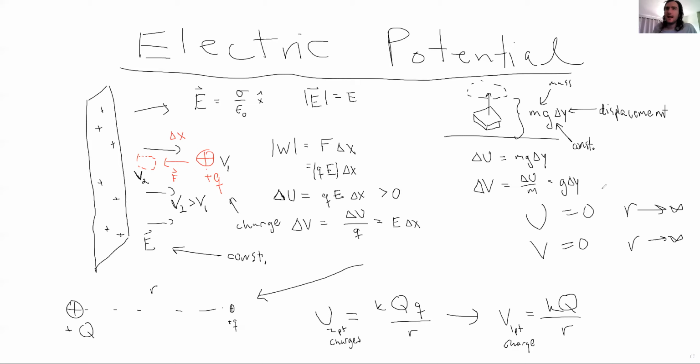The reason that I'm showing you this is because you can always think about what you already know in terms of gravity first. If you're not sure what's going on in the case where we have charges and the electric field, and you're not sure what the sign should be, you can always think about the gravitational case to figure out what your sign should be.